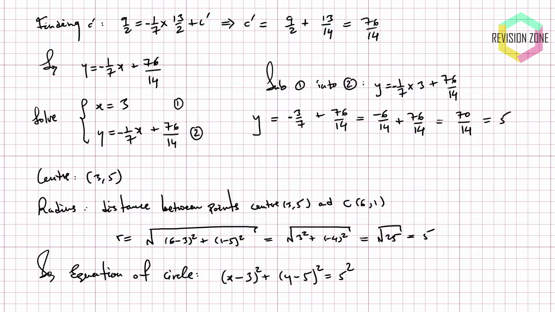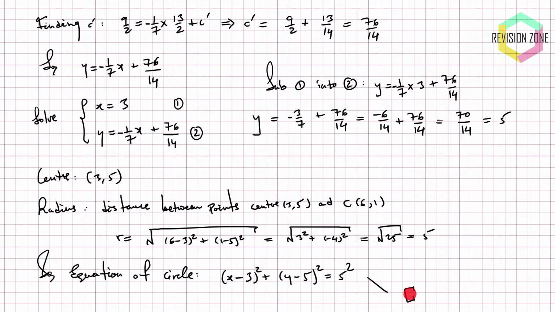And so the equation of our circle, which circumscribes the triangle ABC, is x minus 3 squared plus y minus 5 squared equals 5 squared. And so we're pretty sure that ABC are going to lie on this circle. We don't know if D is going to lie on this circle. But what we can do is just check, can't we? So let's give this circle a name.